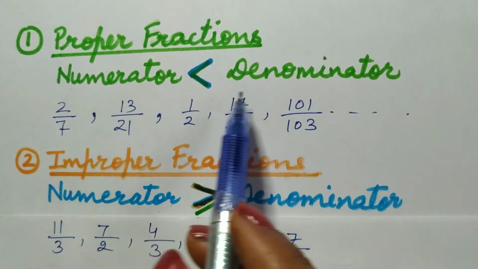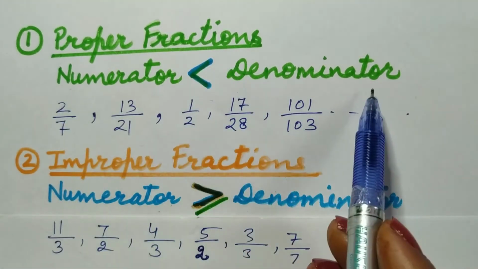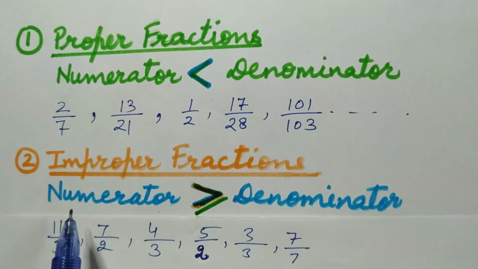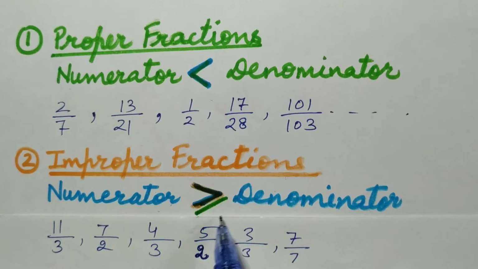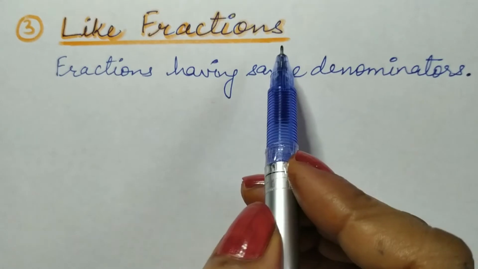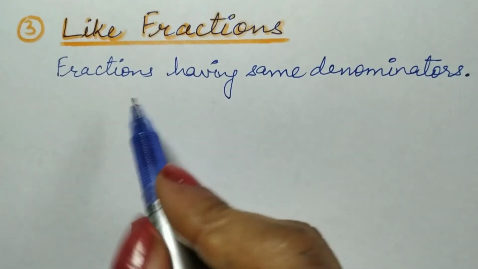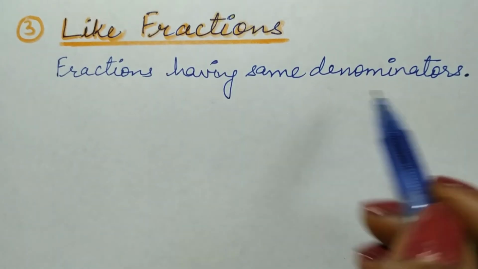So proper fractions are those in which the numerator is less than the denominator, and improper fractions are those in which the numerator is greater than or equal to the denominator. Next is like fractions. Like fractions are those fractions having the same denominators.